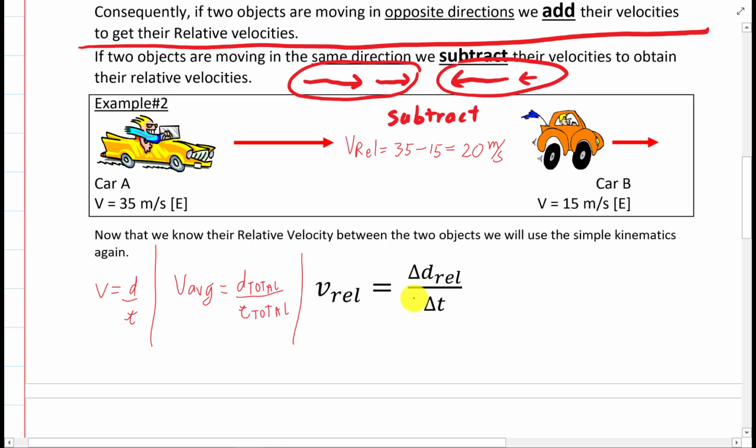Okay? But as you can see, the similarities here are that we might go vrel is equal to drel over t, or we just simplify each one of these as v equals d over t, and just know the rules for each one. This is lesson 1, constant velocity, average velocity, and relative velocity.